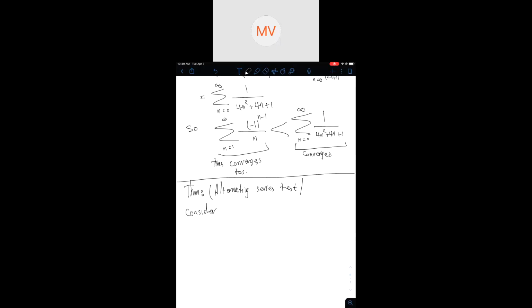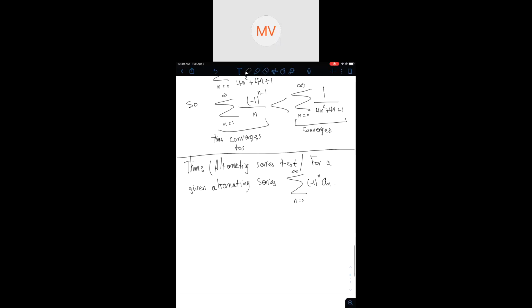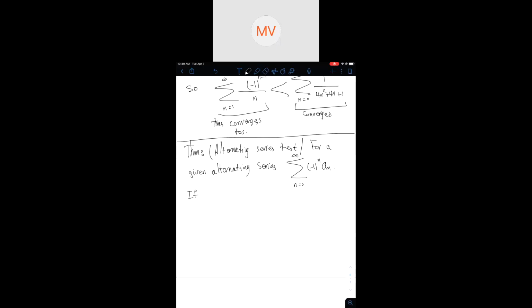Consider, well, not even that. For a given alternating series, the sum of (-1) to the n, a sub n, starting from 0 to infinity. If, that's all the condition you need.